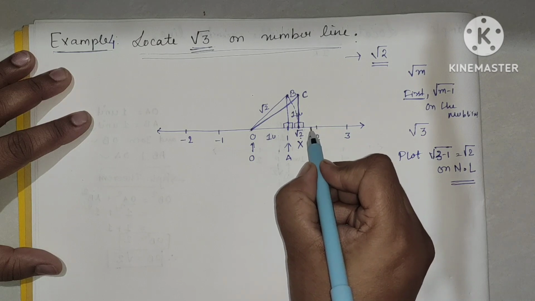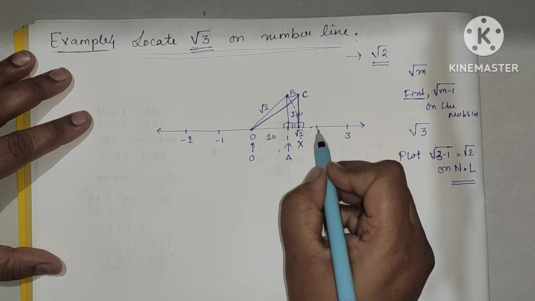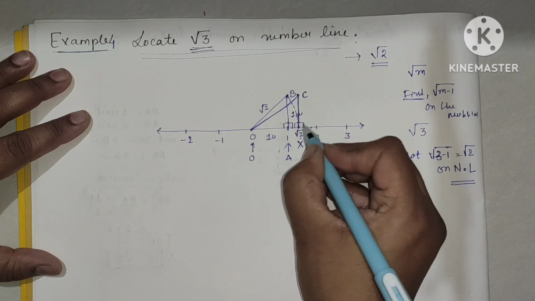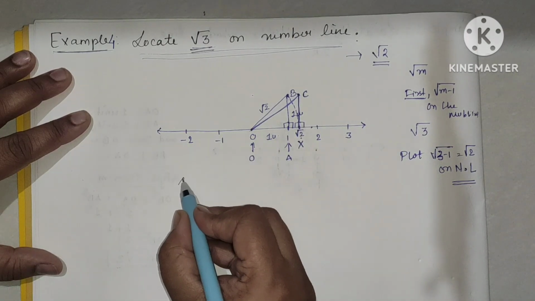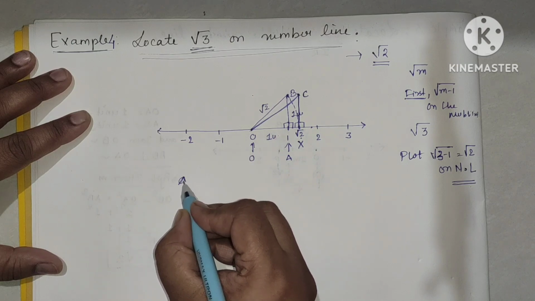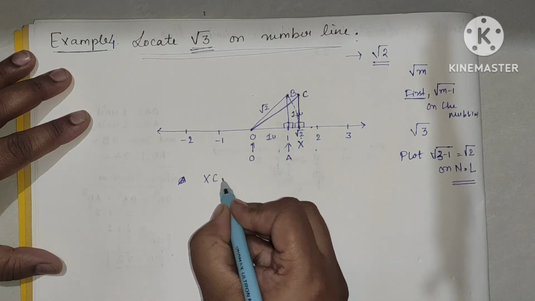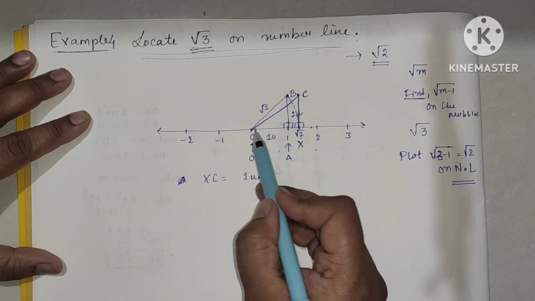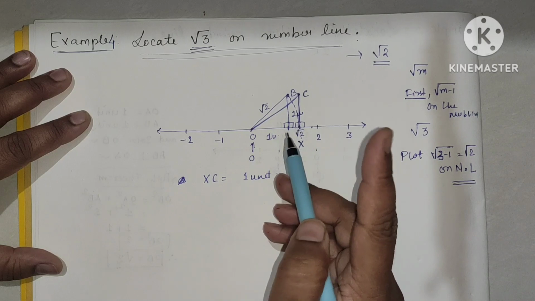But before that, I'll explain how this root 3 comes. Analyzing the figure for root 3, XC is 1 unit. Now what will be OX? It is root 2.